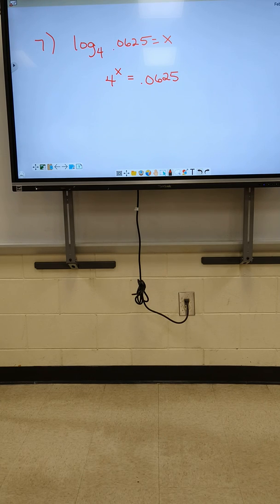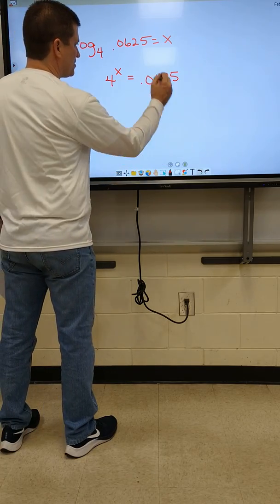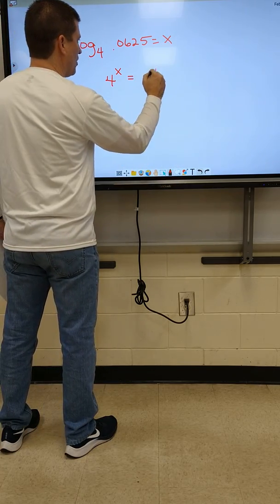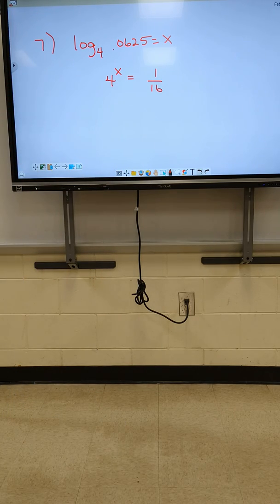Now turn your decimal into a fraction by punching it in your calculator. What'd y'all get for a fraction? 1/16. So I'm just gonna erase this and replace it with 1/16. You should be able to finish it. Go from there.